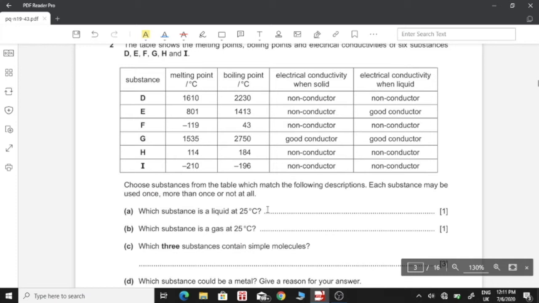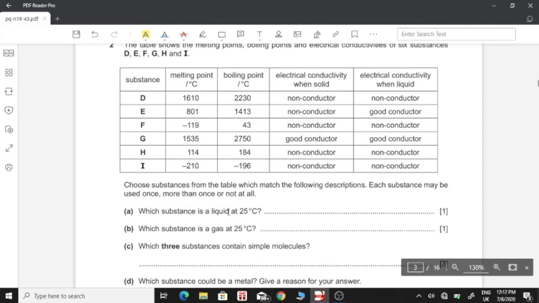Now, the substance is a liquid at 25. This question gives us the hint that this substance is supposed to have a melting point lower than 25 degrees Celsius. So let's have a look over here. We see that the only 2 substances, F and I, have a melting point lower than 25.